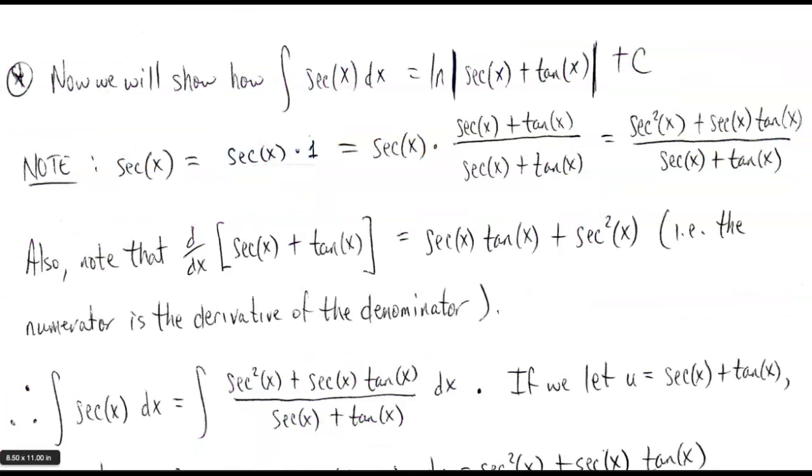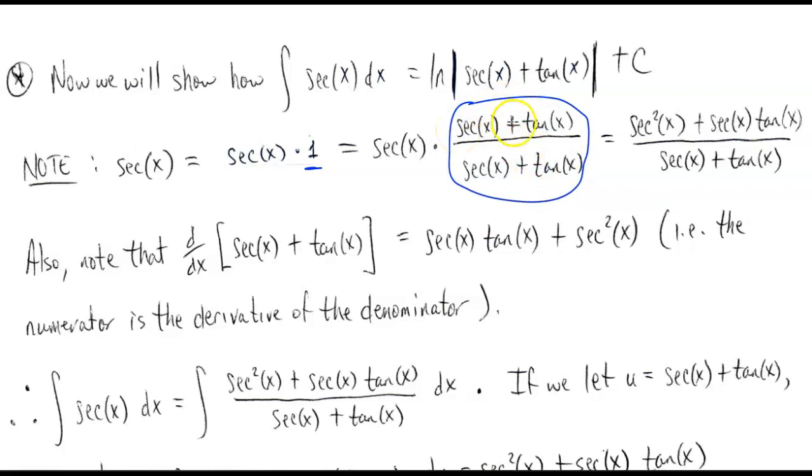All right, so one of the ways that we show what the antiderivative of secant is, which is natural log of absolute value of the sum of secant and tangent, is we can start off by rewriting secant in this fancy way here. So we're just going to say this is secant times 1, but we rewrite secant this way, okay?